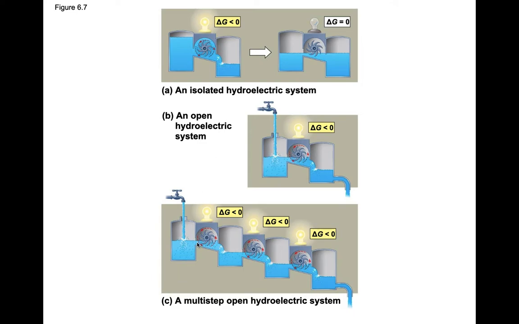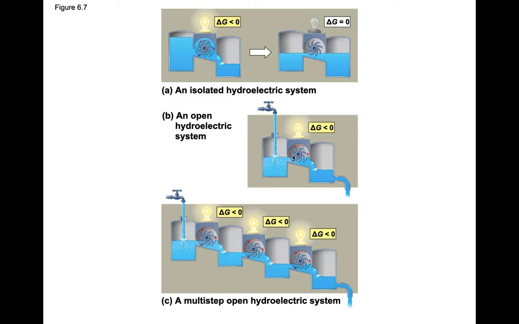And if we have a multi-step system, this makes the process more efficient because we're theoretically capturing more of that energy as it flows throughout the ecosystem rather than in one fell swoop. This is often why metabolic processes have multiple enzymes and multiple steps, because it's easier to obtain more of the energy as that molecule is broken down.